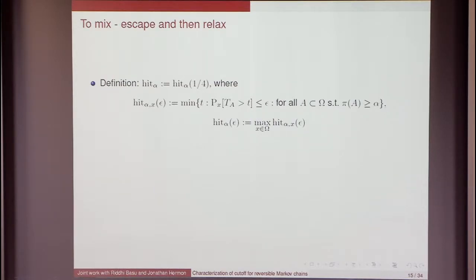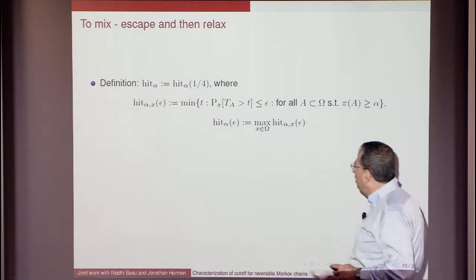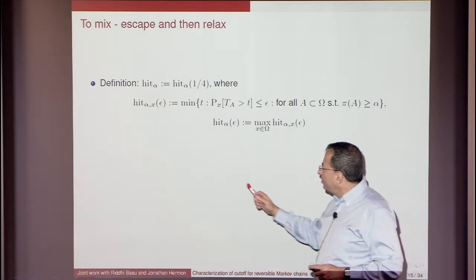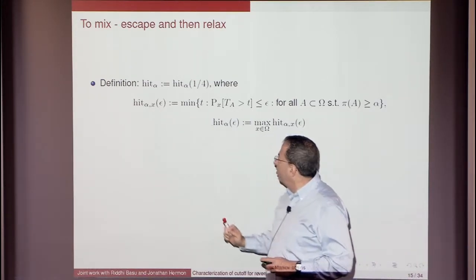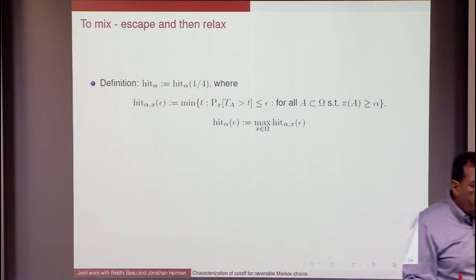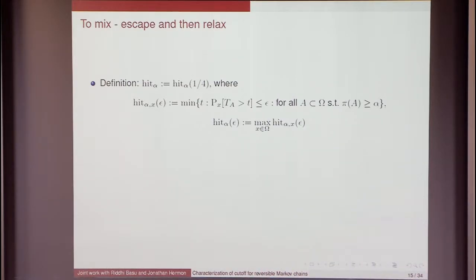The same way as we define T mix of epsilon, we can define T hit of epsilon. So what is this T hit alpha of epsilon? We fix alpha, think of alpha equals a half, so we're looking at target sets of measure half. And we want to ask not for the expected hitting time, but really for the tail of the hitting time distribution.